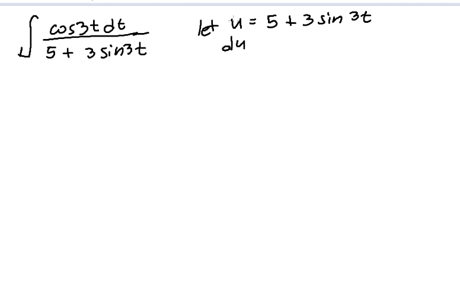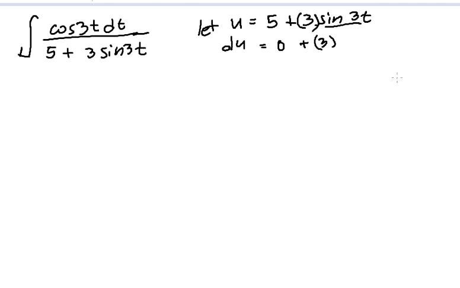So the derivative of u is du, then the derivative of 5, or the derivative of a constant, is just 0, plus the derivative of this whole term here. So we have 3 times the derivative of the second, which is sine 3t.